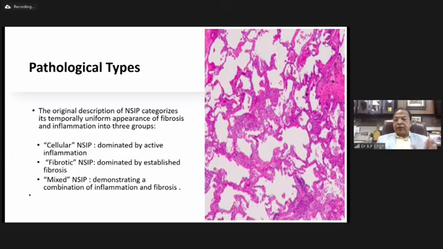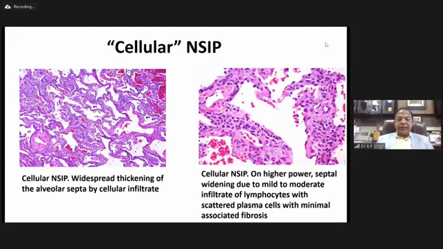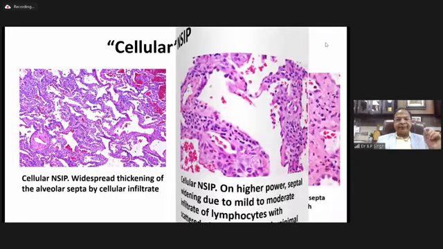They all have their prognostic significance. If you look at cellular NSIP, there is widespread thickening of the alveolar septa by cellular infiltrate. On high power, the septal widening is due to a mild to moderate infiltrate of lymphocytes with scattered plasma cells with minimal associated fibrosis.